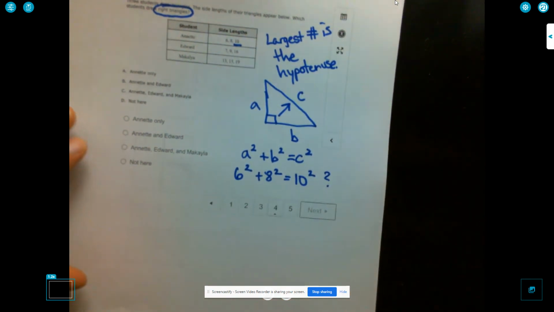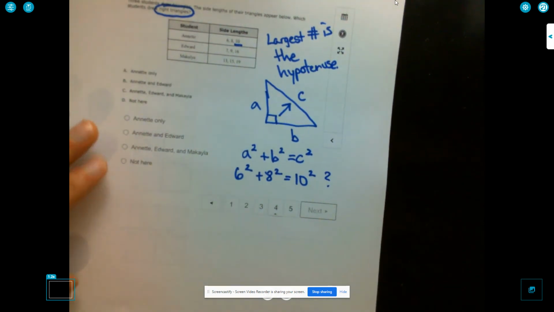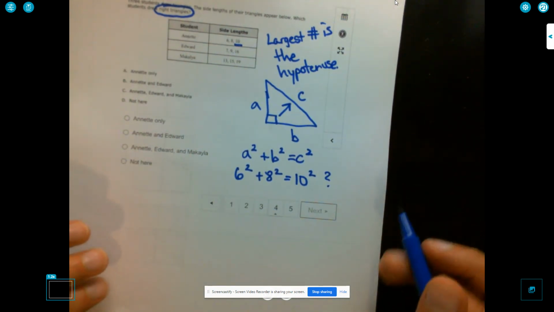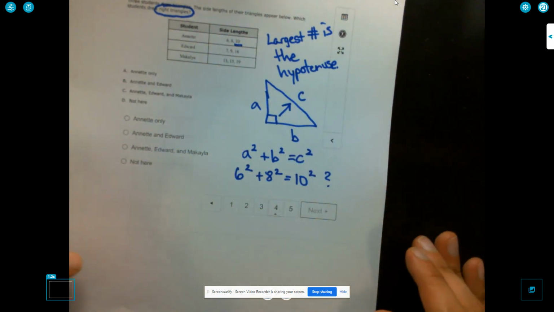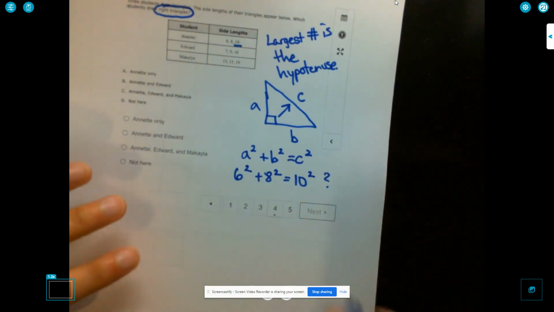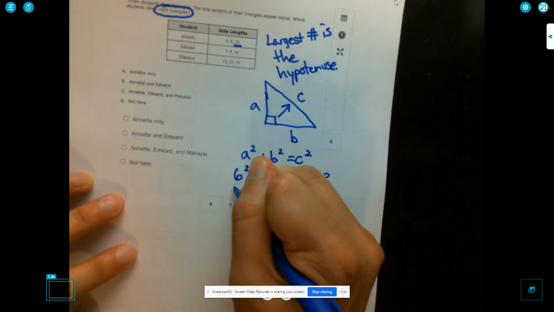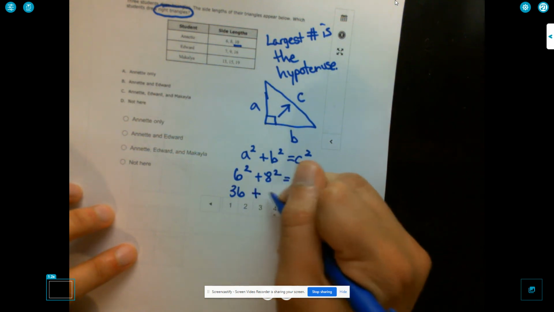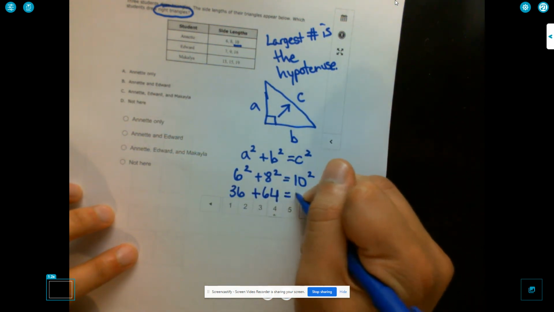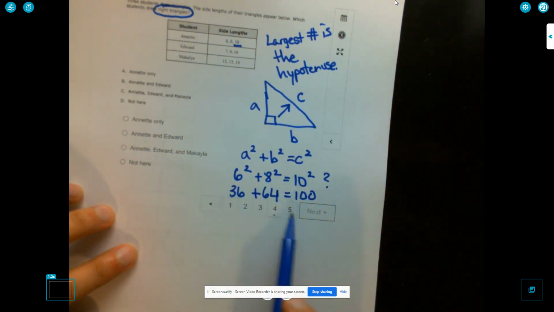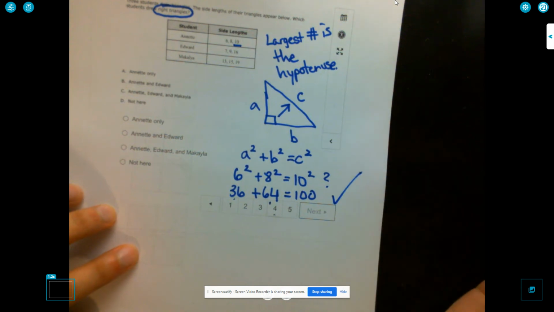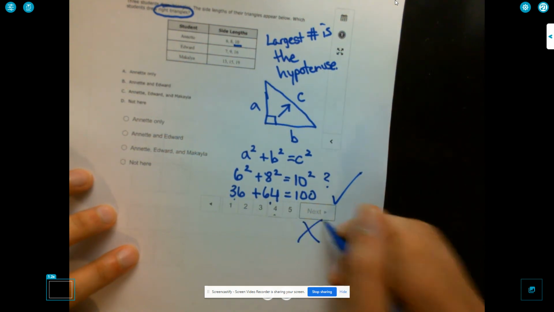And if they're equal to each other, then it's a right triangle. But if they're not equal to each other, then it is not a right triangle. So 6 squared, 6 times 6 is 36. 8 times 8 is 64 is equal to 100. So you're going to confirm whether or not that adds up. So does 36 plus 64 equal 100? If it does, it's a right triangle. If not, then it is not a right triangle.